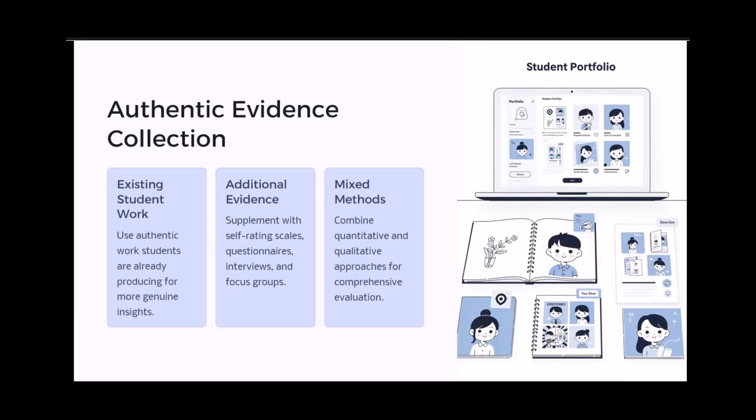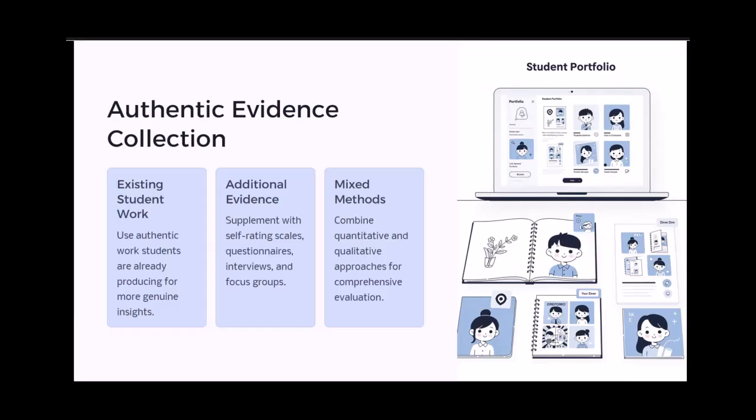We did look at a wide variety of methods. It's important to note that sometimes authentic ways are really, really important. Authentic evidence collection involves more situated approaches where you're using the work the student is already doing rather than just relying on gathering additional data outside of the classroom.